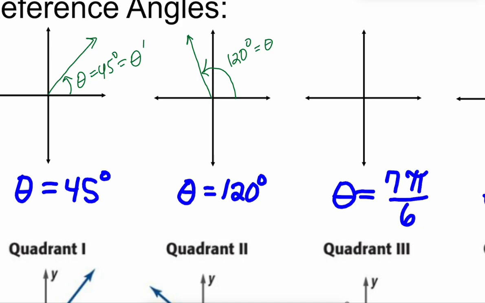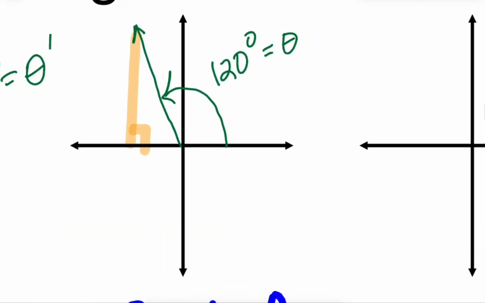But we needed to build a triangle like we were doing in the notes yesterday. So the triangle is here. So the triangle, this is where your theta prime would go, because it always is that angle measure between the x-axis and the origin.